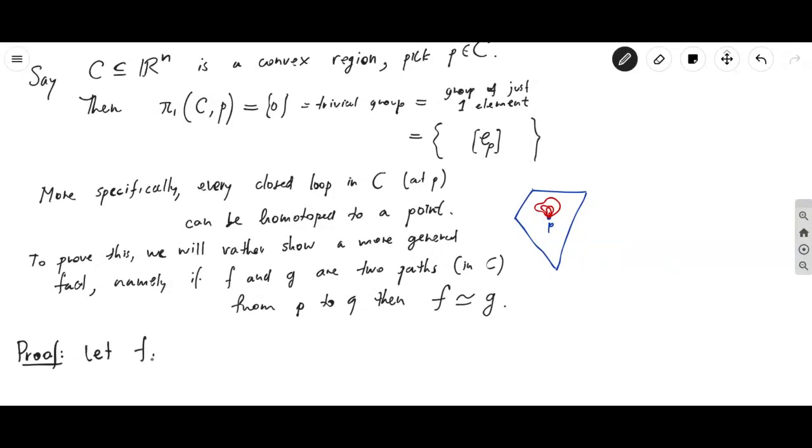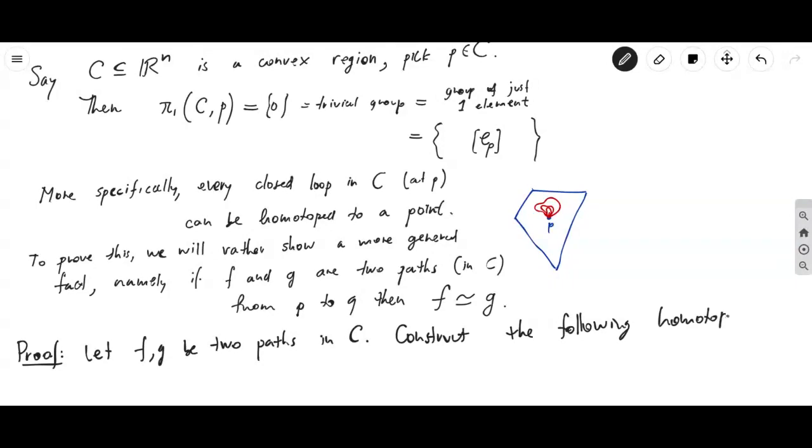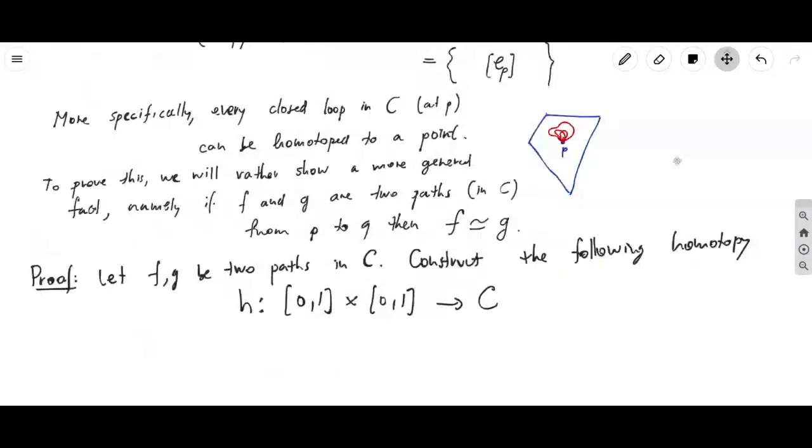Let f and g be two paths in C. Construct the following homotopy. Let's call it H. Just like before, this goes from [0,1] cross [0,1] into C, into your convex region.